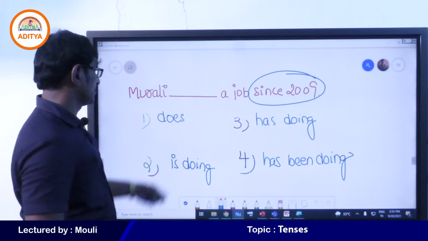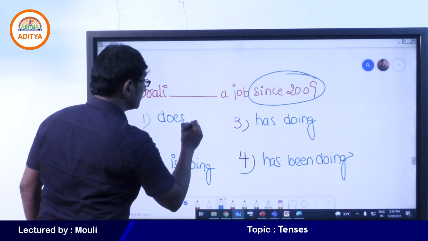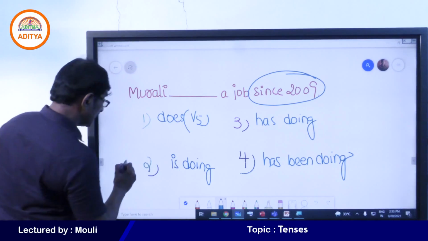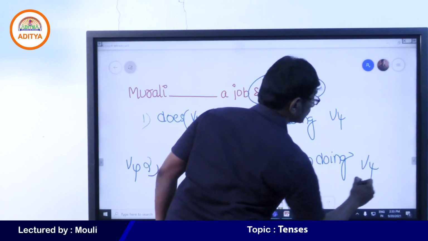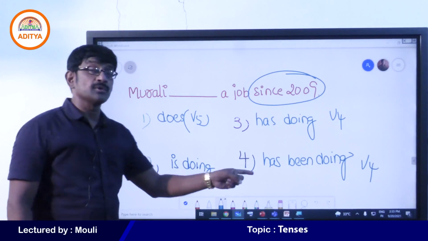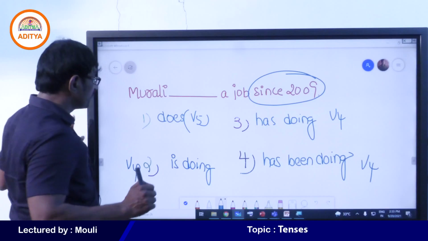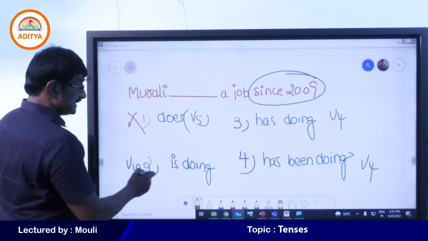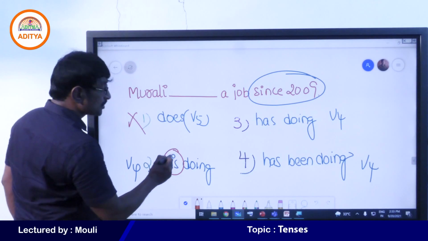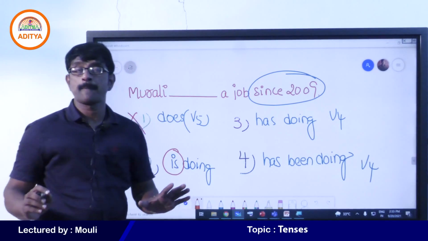So let us see now, verify. This is V5 and this is V4, and again this is V4 and this is V4. 3 V4s are there and 1 V5. V5 we don't want. What about V4s? Is plus doing. Is not matching with since.